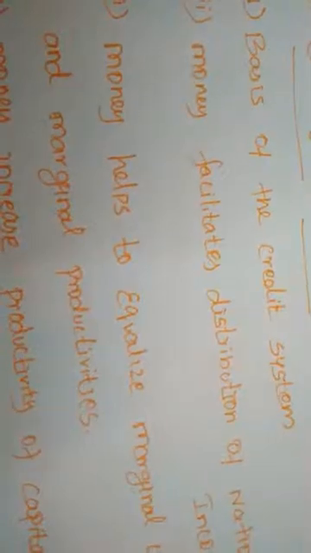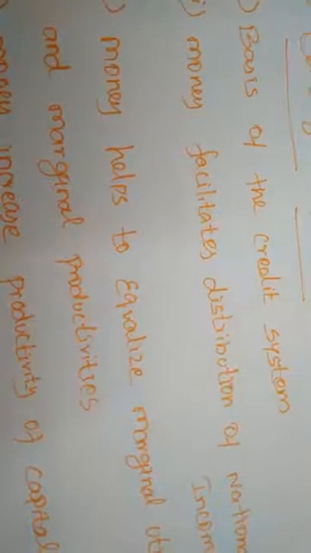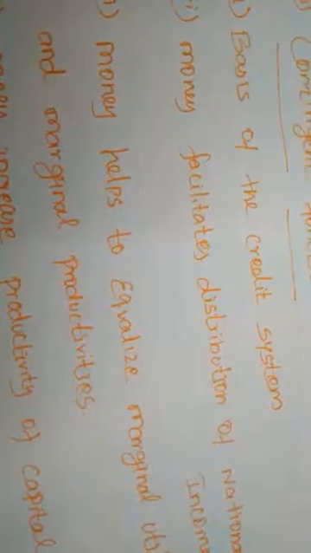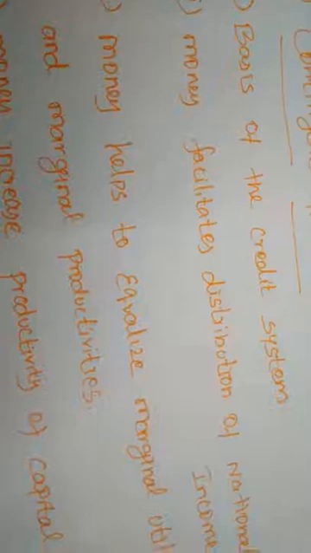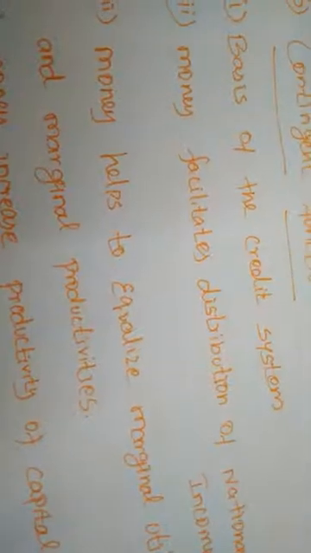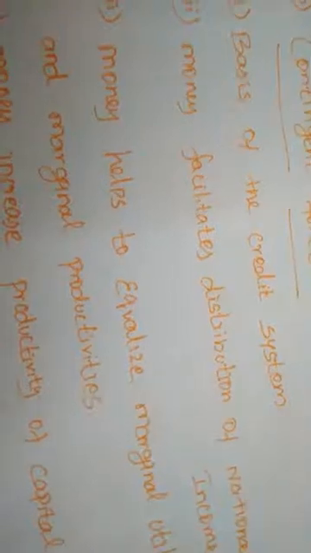For example, a depositor can make use of checks only when there are sufficient funds in his account. The commercial banks create credit on the basis of adequate cash reserve, but money is at the back of all credit.